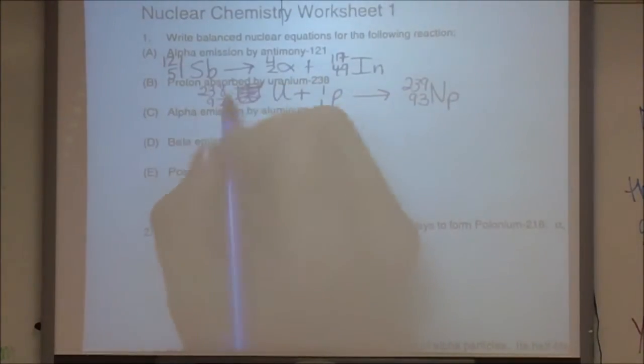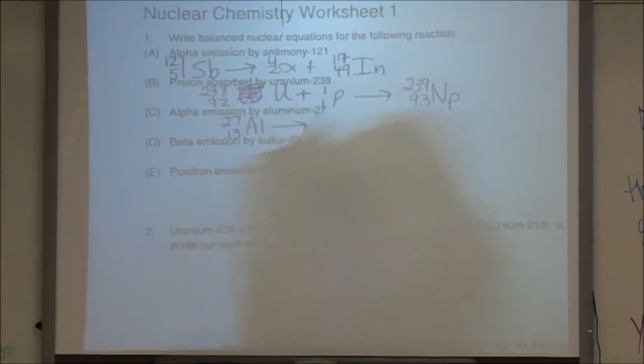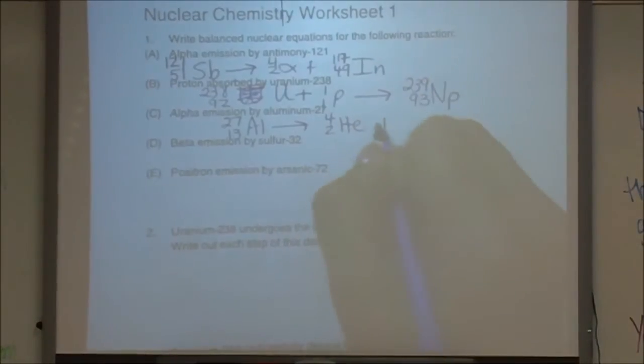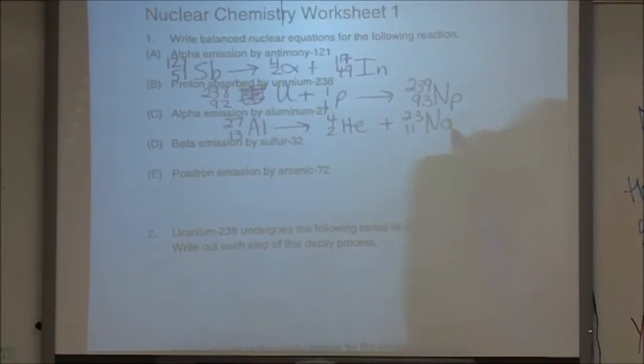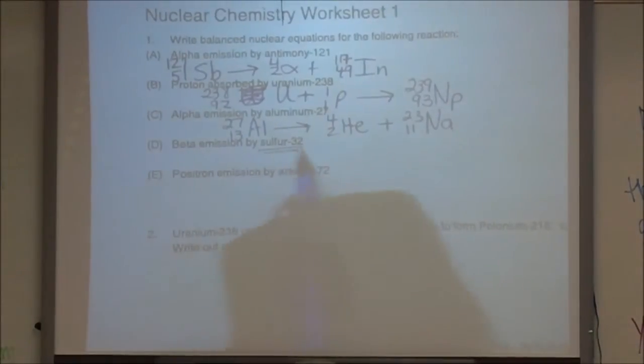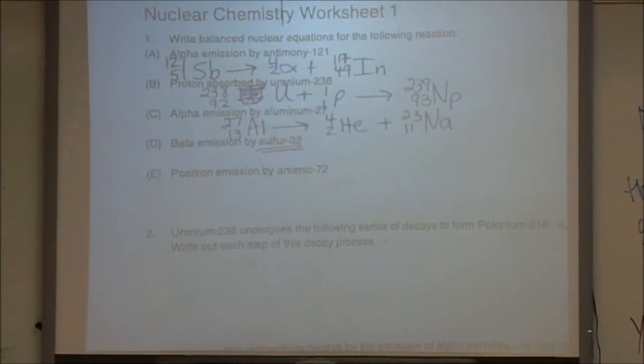Let's keep going. We've got aluminum, 27 over 13 aluminum, and it's alpha emission again, so 4 over 2 He. And we make 23 over 11. What is that one? Sodium. Okay, sulfur is a really common radioactive isotope used in medicine.